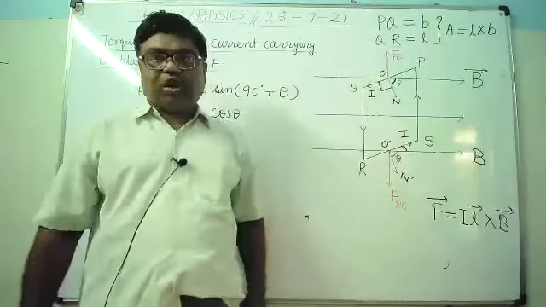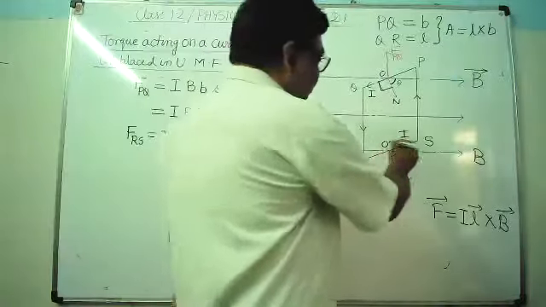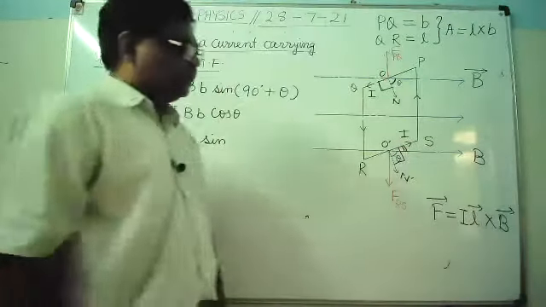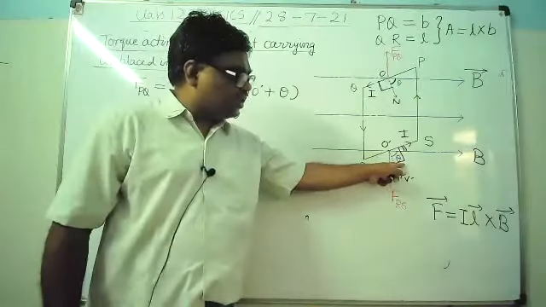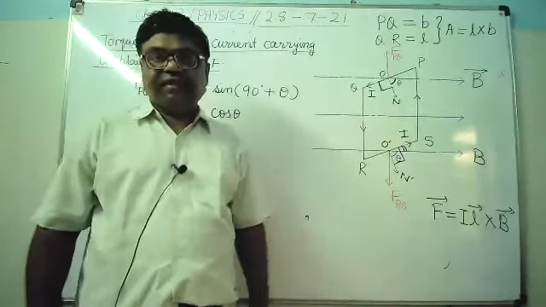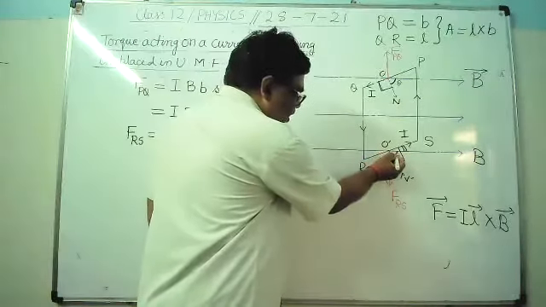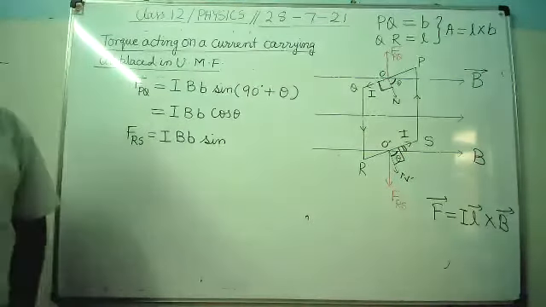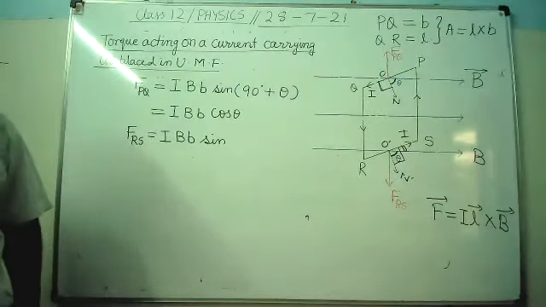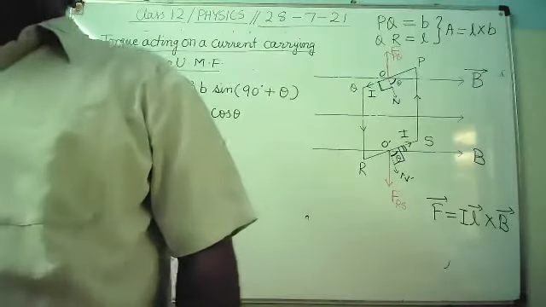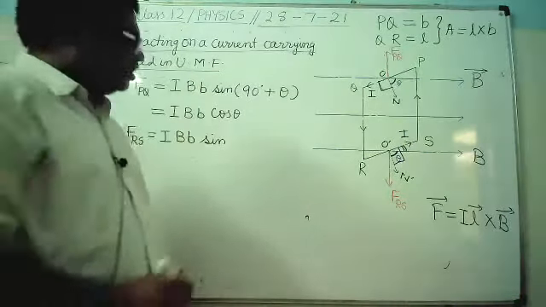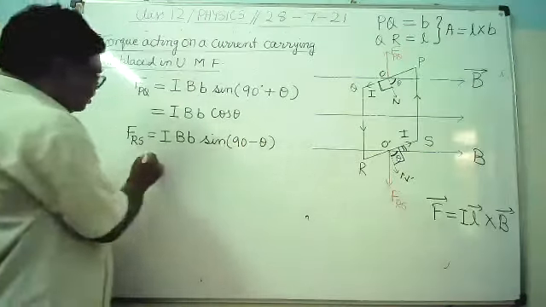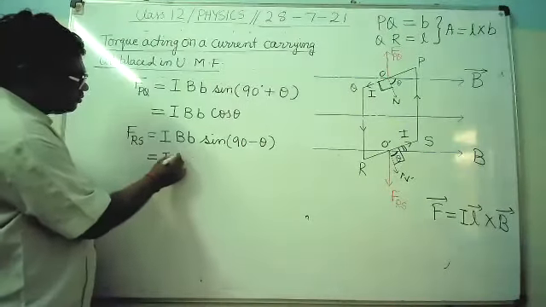What will be this angle? How can you find it? See here, this whole angle is 90. How much is this whole angle? 90. From it, subtract theta. It will be 90 minus theta. So here it is sin(90 minus theta).